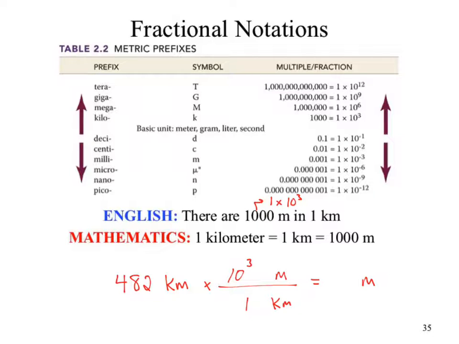What did I say kilo was? 10 to the third. Where does the power of 10 go? The power of 10 went with kilo? No. It went with meters. Our power of 10 will always go with the base, the core unit, every single time.